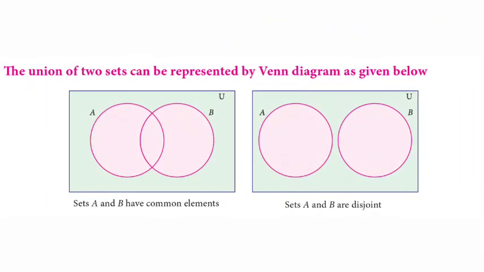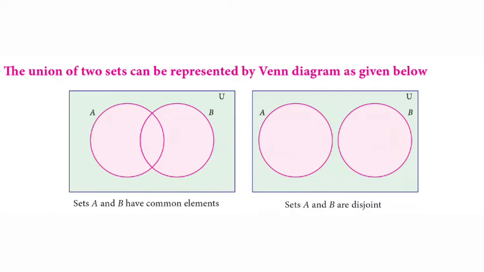The union of two sets can be represented by Venn diagram as given below. First one, the box is the universal set. We have two circles, that is set A, and second one set B. So A union B means draw full set A and full set B, that is the shaded region.